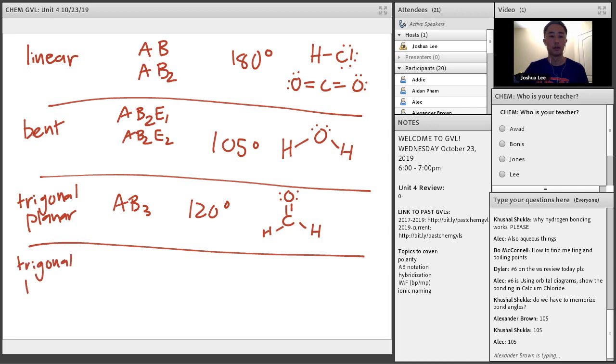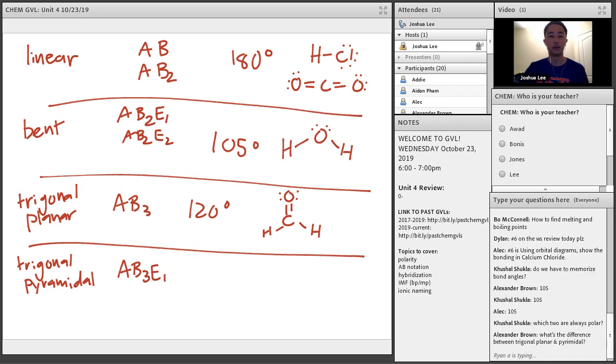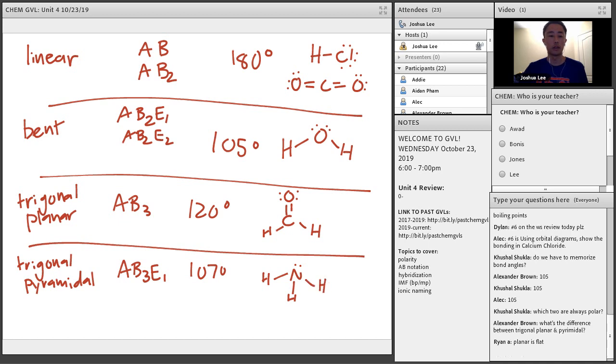Trigonal pyramidal, AB3E, 107 degrees. And then we'll talk about what the A, the B, the E is. I don't really know what you're asking about the AB notation.